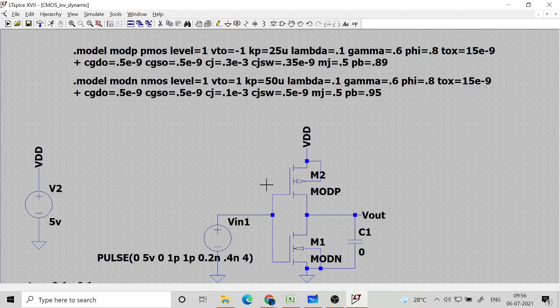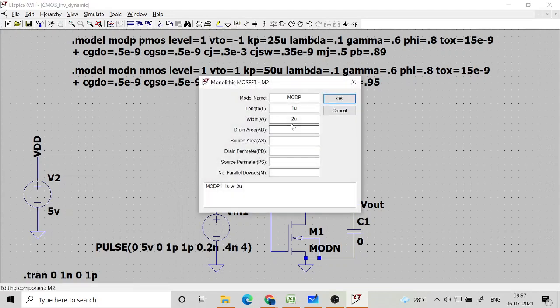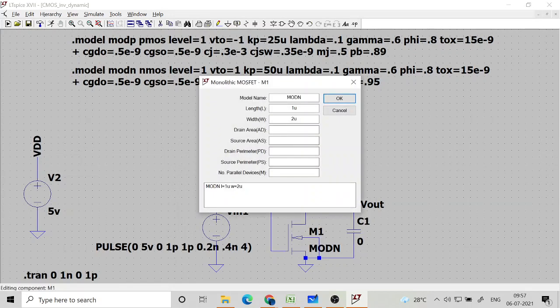So in order to overcome it, we can size the transistor in such a way that we double the PMOS width. So WP, I am making it 4 micro, and I don't change WN. WN is still kept as 2 micro.